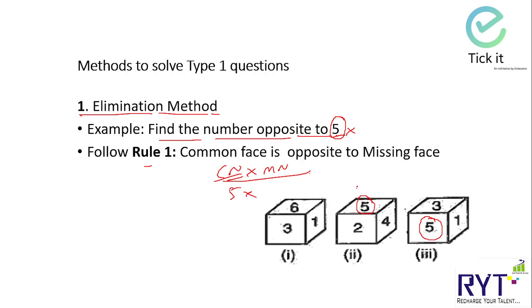Now I have to consider only those two figures where this number is common and check which is the missing number. If I observe carefully, I have 1, 2, 3, 4, 5. Which is the missing number? 6 is missing. So for me the answer is number 6. The number opposite to 5 is number 6.